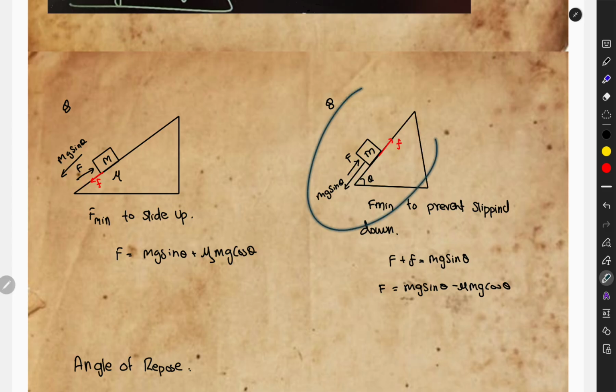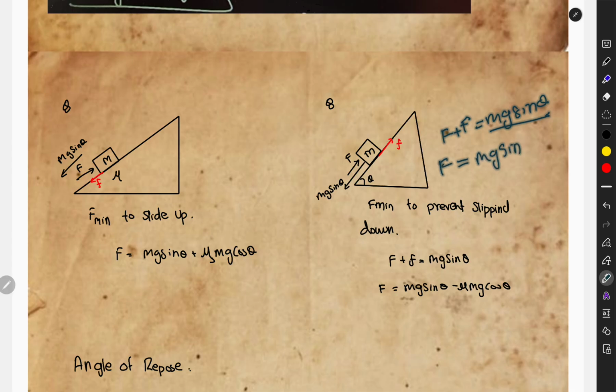Similarly, another question: what is the minimum force to prevent slipping down? Friction force is acting on this side and mg sin theta is acting on this side, which means F plus f will be equal to mg sin theta. So F will be equal to mg sin theta minus f, small f. In this case f is simply mu mg cos theta.